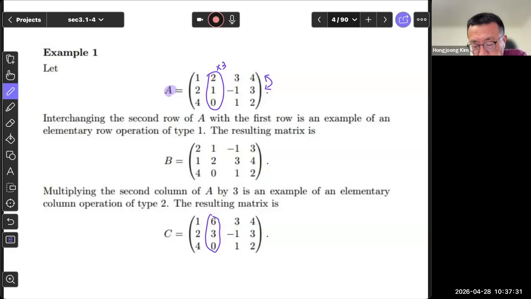So when you perform the interchange operation, or type 1, you get the B matrix. When you consider the scaling operation, or type 2, you get the C matrix.